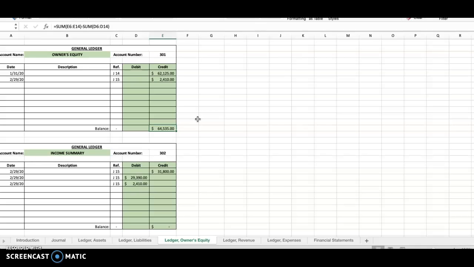Now, if we had a loss, if we lost money during the month, it would have ended up with a debit over here, which would have reduced the value of the business, the owner's equity. But we made money, so it is credited and added to our owner's equity account.